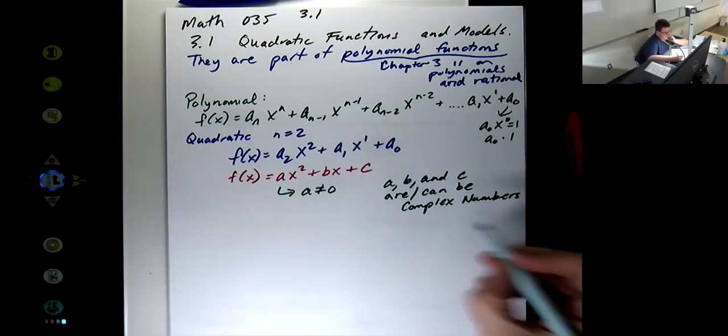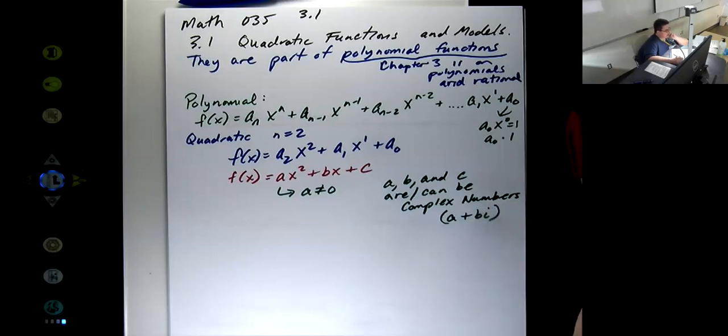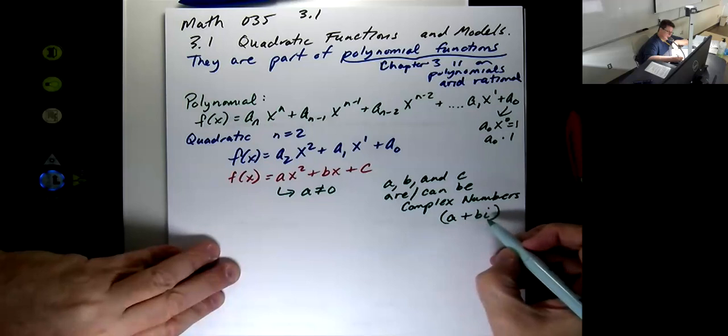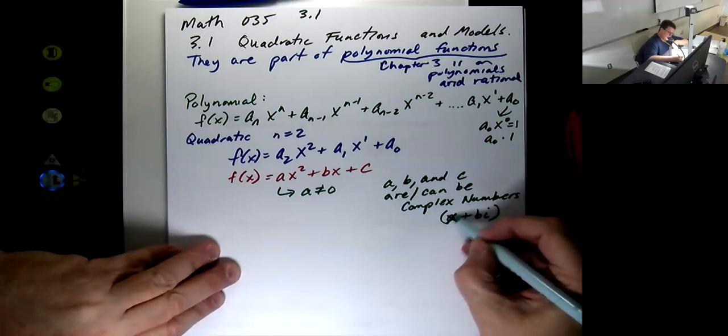We saw complex numbers, a plus bi. They're on your test. Now these are different a's and b's. Let me use x plus yi.